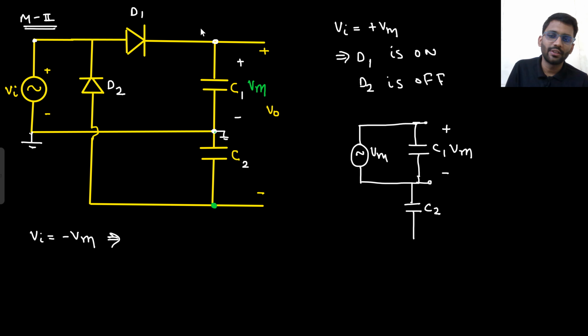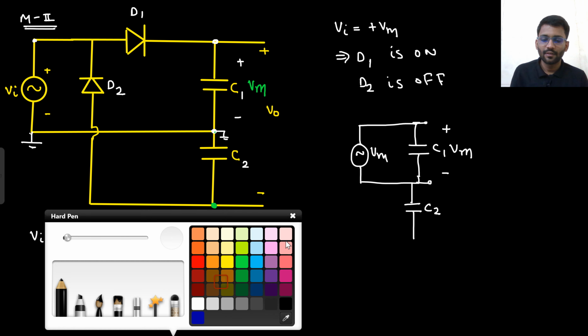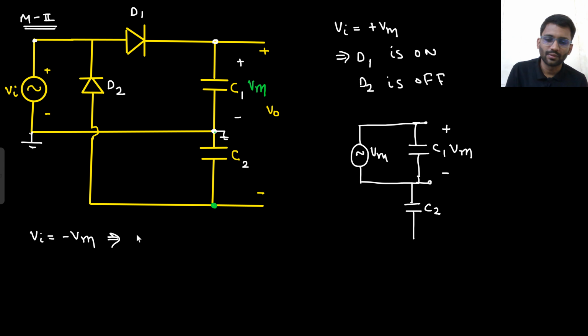So this node will be Vm and this node is minus Vm. So this diode D1 will be off. What about this one? Here it is minus Vm, so D2 will be turned on. So D1 is off and D2 is on.